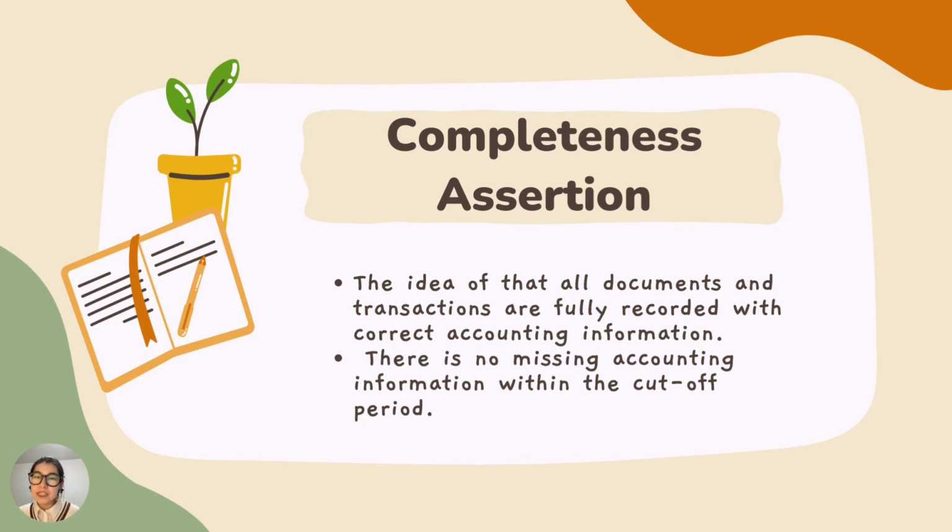The completeness assertion in auditing refers to the idea that all transactions and events have been recorded correctly and in the correct accounting period. Both parameters need to be met in order to achieve completeness assertion. Besides, the auditor needs to make sure that there is no missing accounting information within the accounting period.